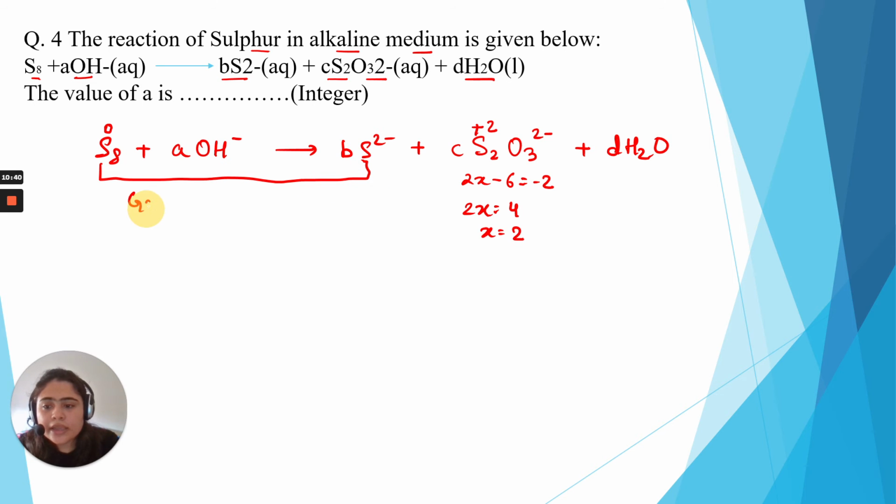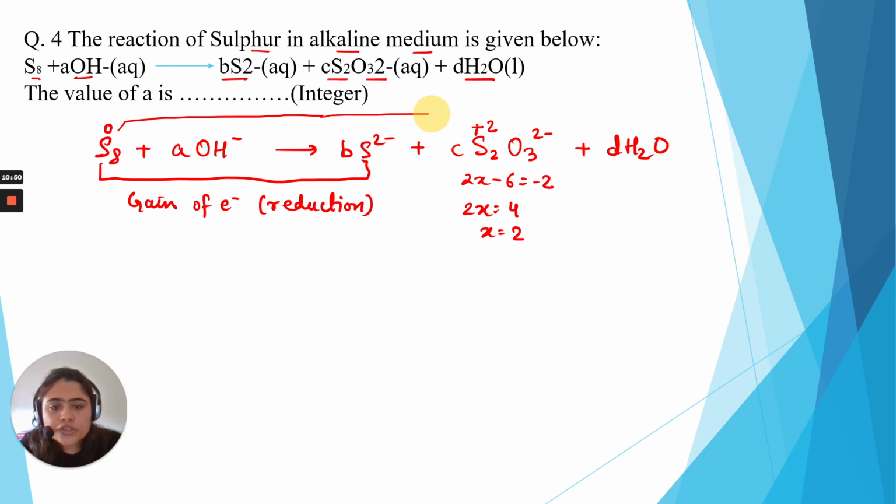Here it is a gain of electrons, and gain of electrons is reduction. And from 0 to +2, this is loss of electrons, and loss of electrons is oxidation.